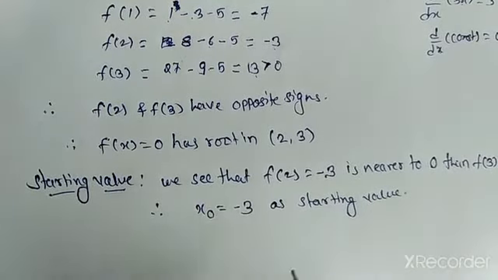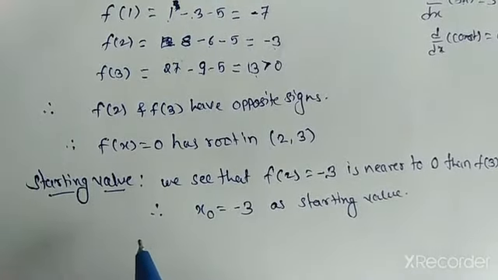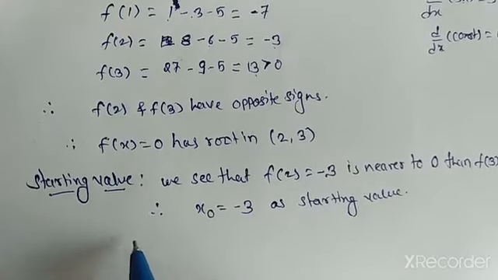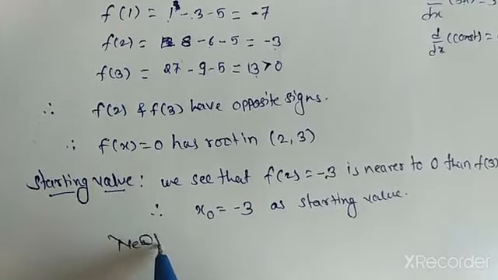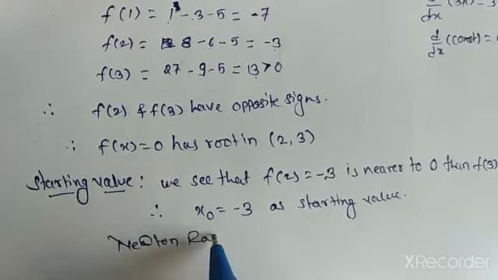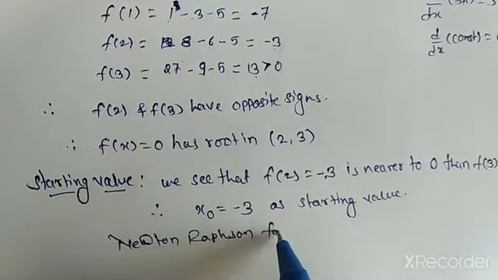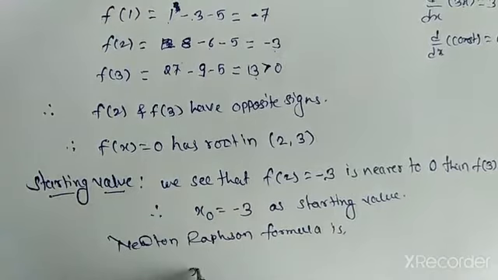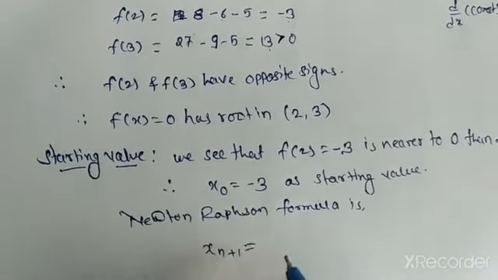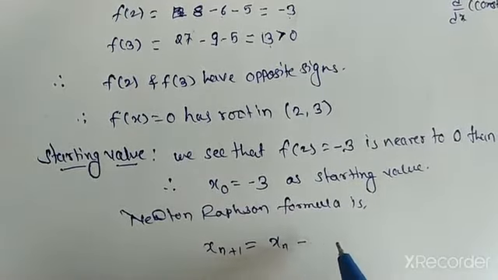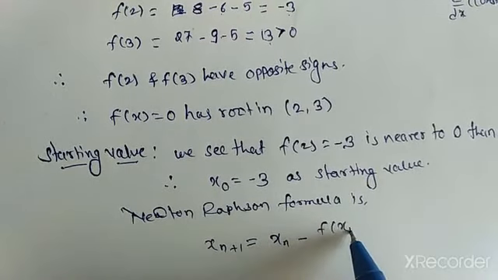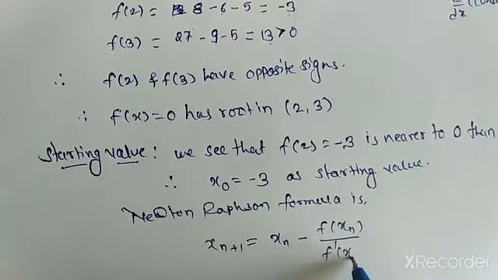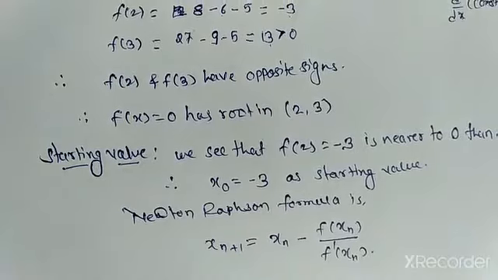Okay. Now we know the formula for the Newton-Raphson method. The Newton-Raphson formula is xn plus 1 is equal to xn minus f of xn divided by f dash of xn.